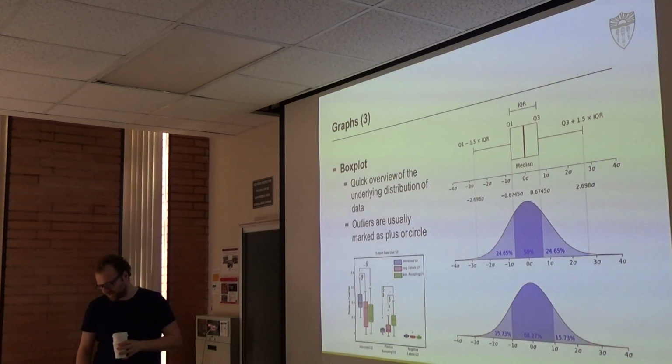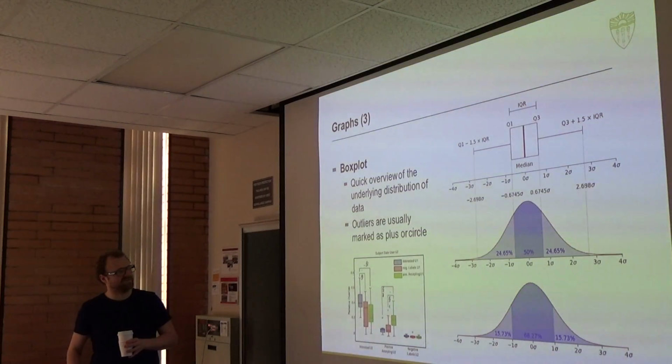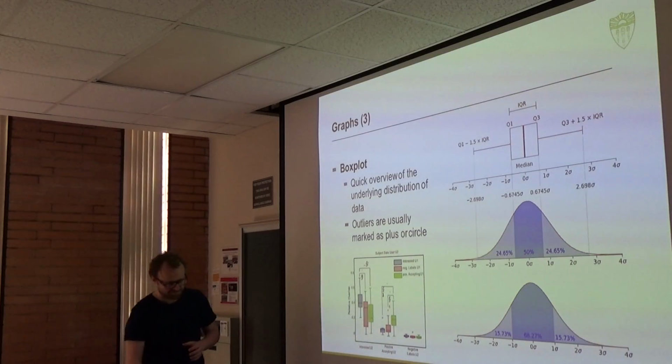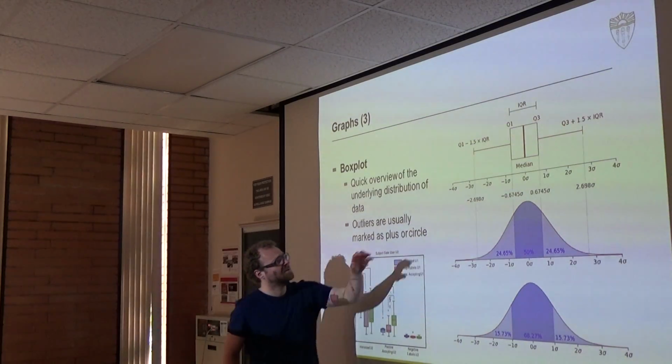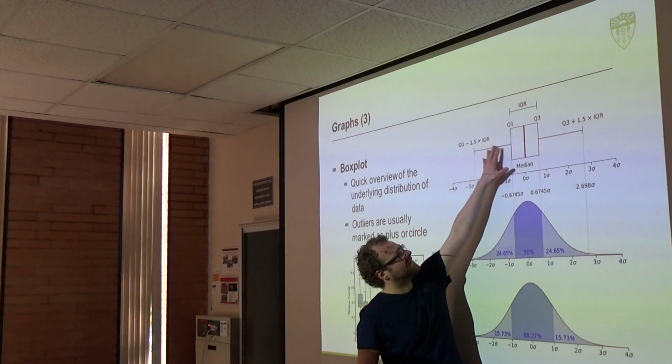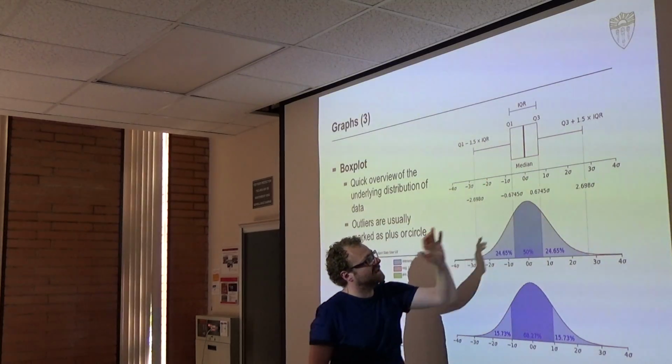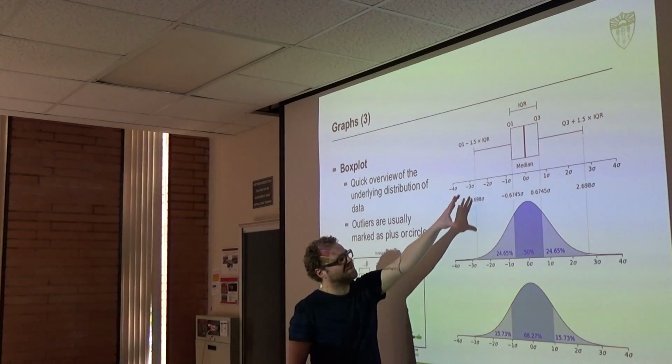Another way, yeah, the box plots, I kind of like them. This is a nice visualization, where you can see what the box sort of means. You can redefine these.